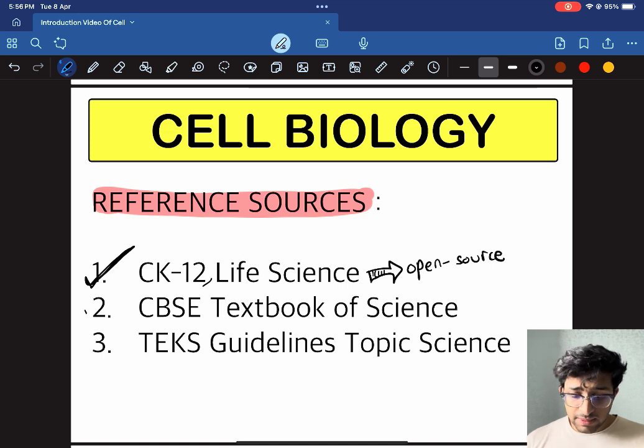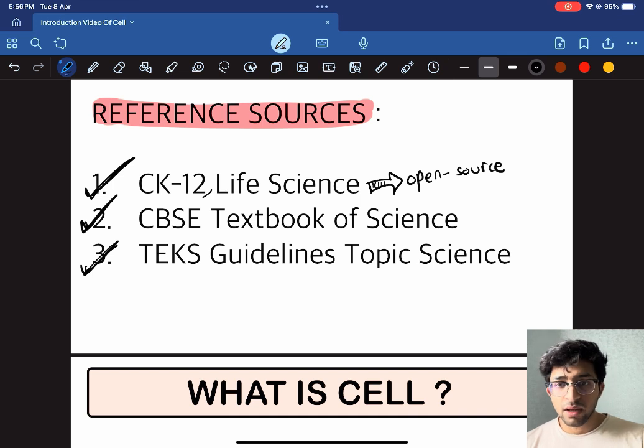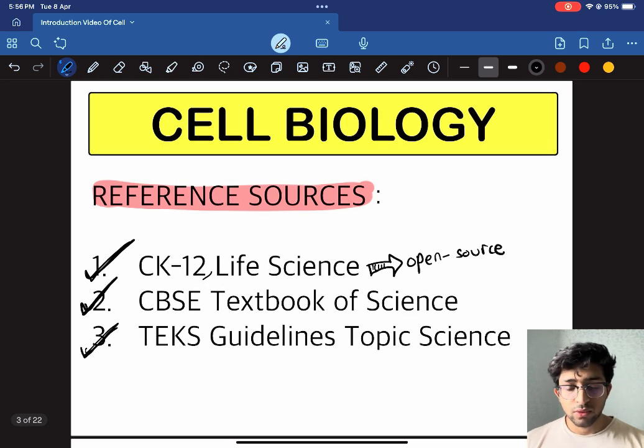The second is the CBSE textbook of science, mostly used in Indian science. And the third is the Texas Education Board guideline, topic science. In this Texas Education Board, they have certain topics which might come in their exams. From these three reference sources, I have gathered some information, so from here you will get to know all the information.